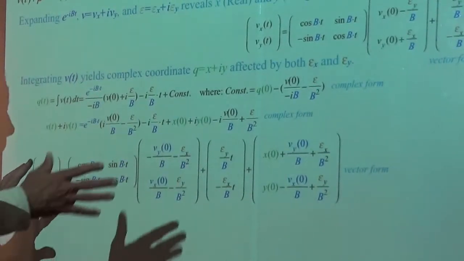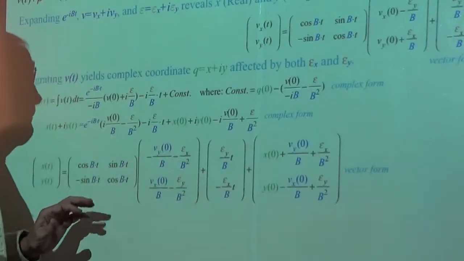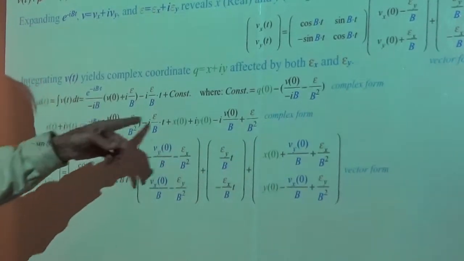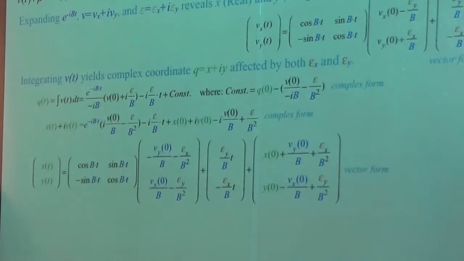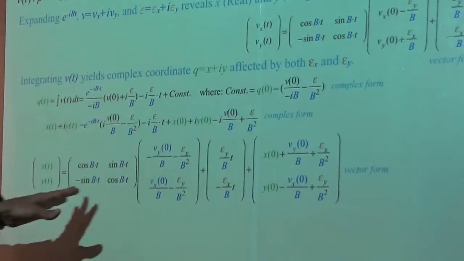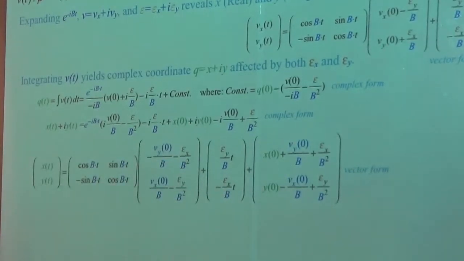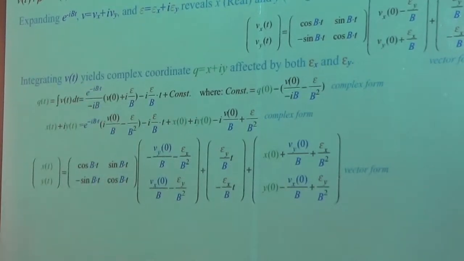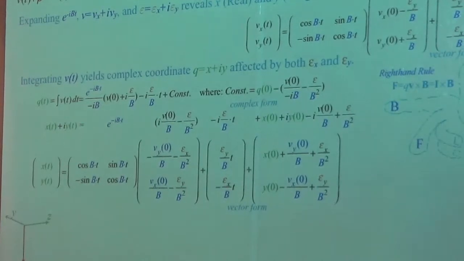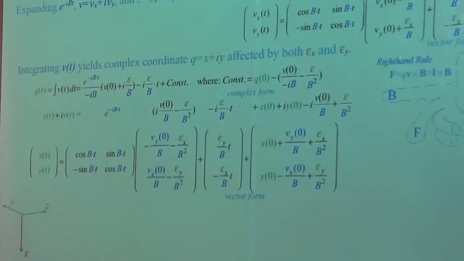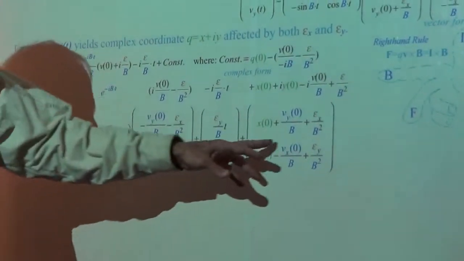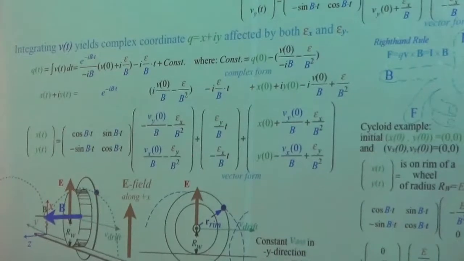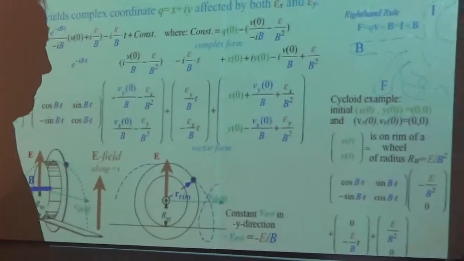And by the way, only the vector form shows up in the textbook. I mentioned the complex form very briefly there, but I did it the old-fashioned way in the textbook. But using complex variables and eventually quaternions is a powerful way to do some stuff that we need to do. Now, let's take a picture of what this would be for an example that just gives a cycloid.